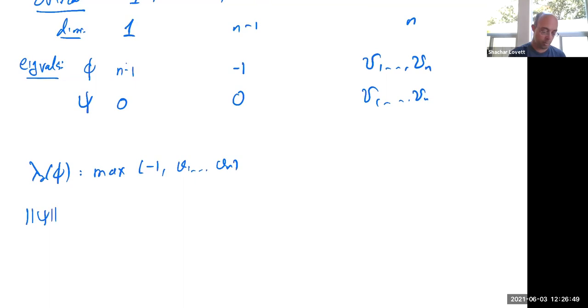Well, it's the maximum of all of its eigenvalues, so now it's the maximum of 0, mu1 up to mu n. So clearly we get this inequality, but really they're going to be the same, because the only case where they're not the same is if all the mu's are negative, which I don't think can even happen, but maybe potentially it can. But in a typical case, some are positive, some are negative, in which case they're the same.